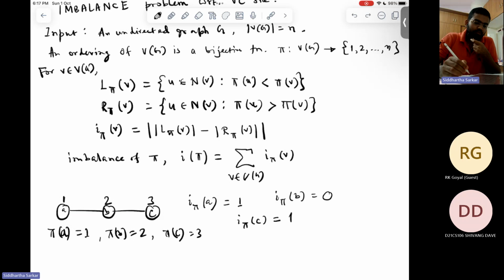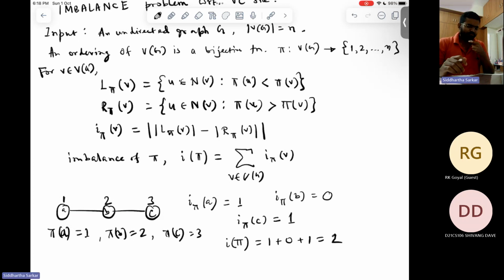Therefore the sum of the imbalances across the vertices is the total imbalance of this ordering. So this is 1 plus 0 plus 1, that is 2. Okay. So what is our objective? Our objective is to minimize.